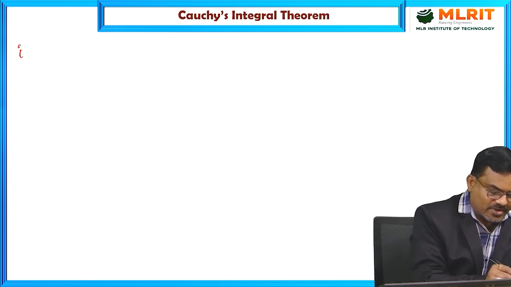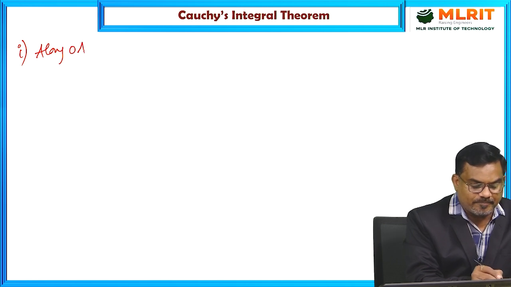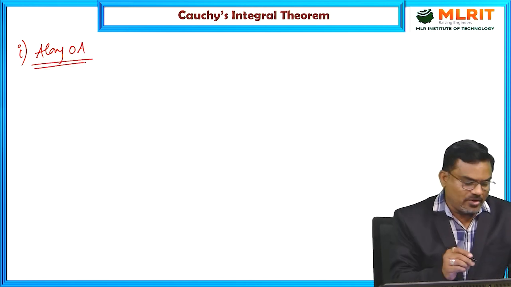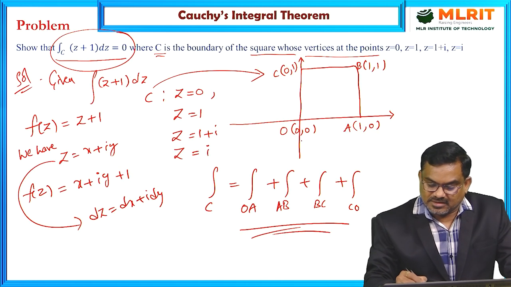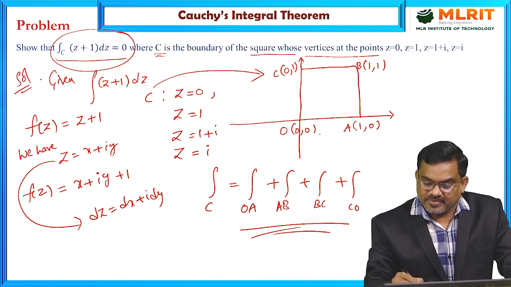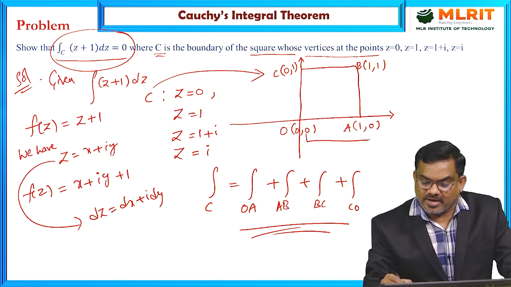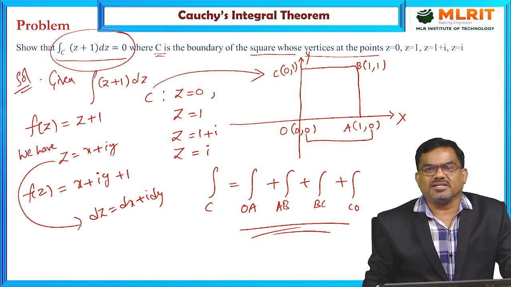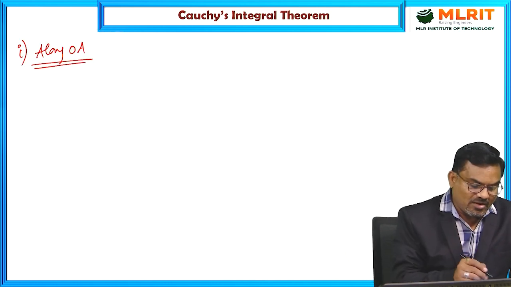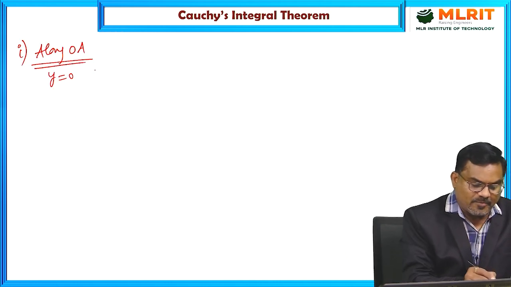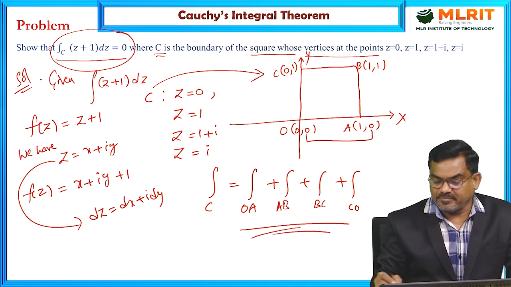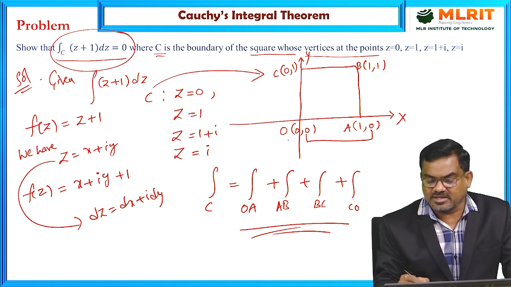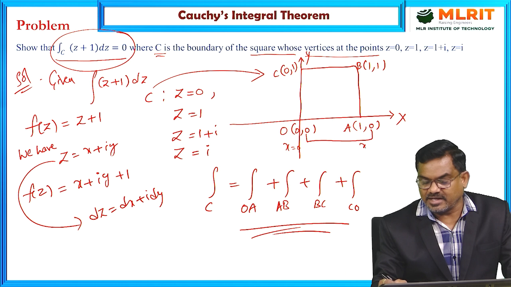Now we need to evaluate these line integrals one by one. Now the first one, along OA. Along OA, here we can clearly observe that the value of y is 0 on x-axis. So along OA, y is 0 and x changes from x equal to 0 to the line x equal to 1.